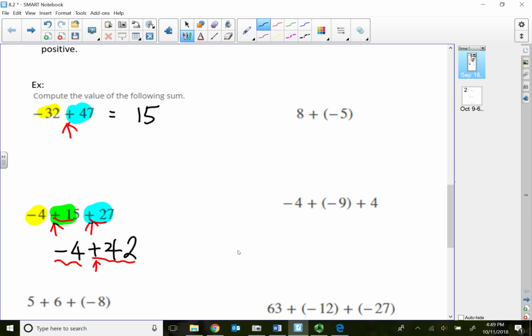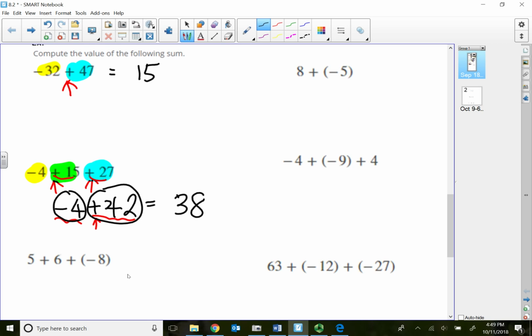Terms with different signs, we will subtract. So when I subtract them, normally 42 minus 4 is 38. Because I have more positive term than negative term, my answer should still be positive 38.